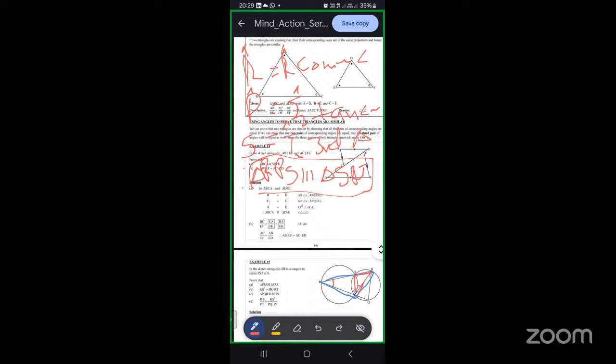Number B is requiring us to prove that SR squared is equal to PR times RT. So anyone, guys, who can give this one a try?